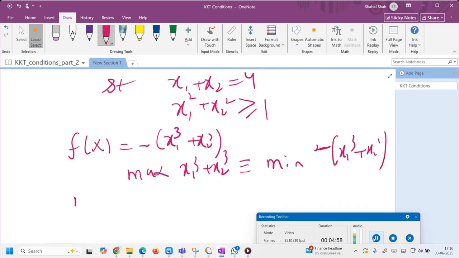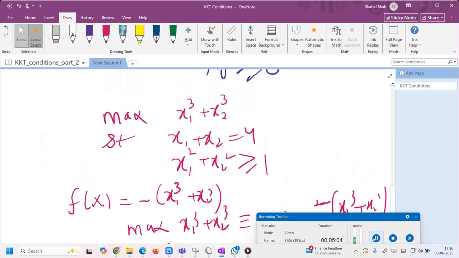So we can now write the problem as minimize f of x. Now, are the constraints in standard form? Of course, x1 plus x2 is equal to 4. We can write g of x equals x1 plus x2 minus 4.